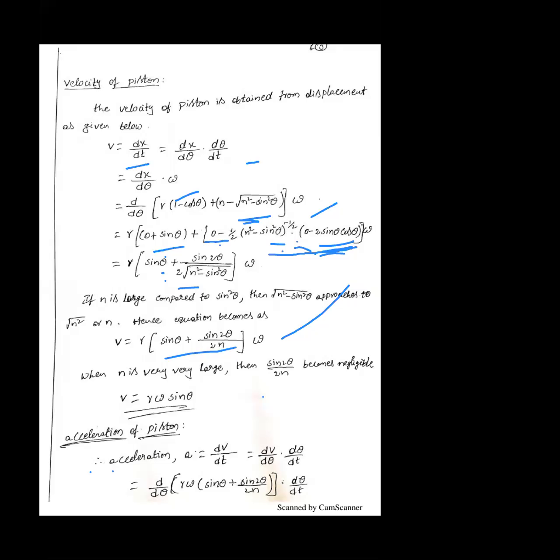Then v equals omega r sin theta. These are not permanent, but generally the equation for the velocity of the piston is omega r into sin theta plus sin 2 theta by 2n, and the conditions are also applicable. So that is the velocity of the piston.